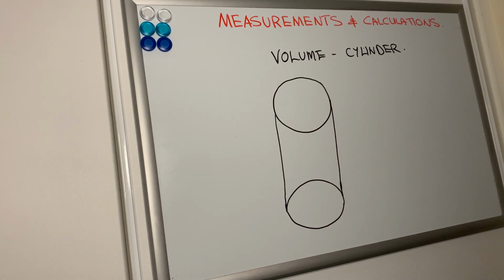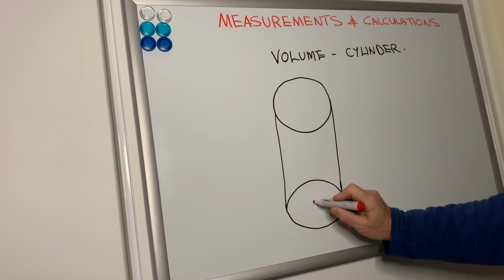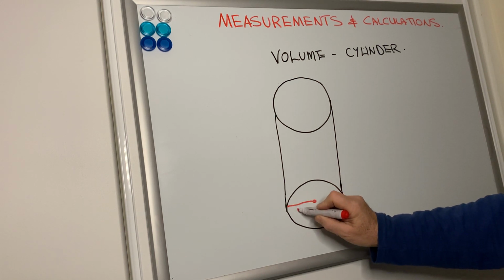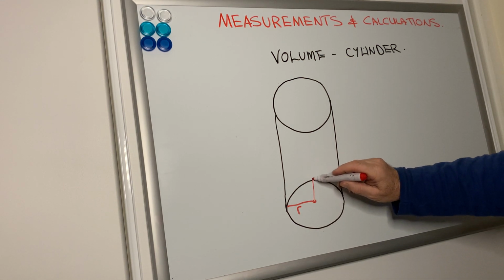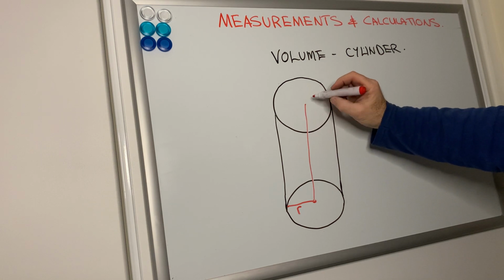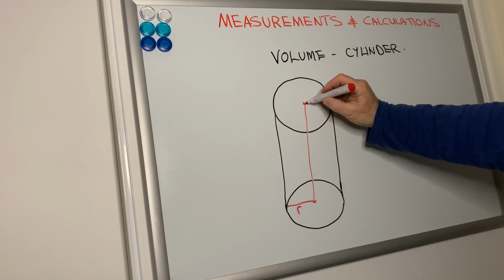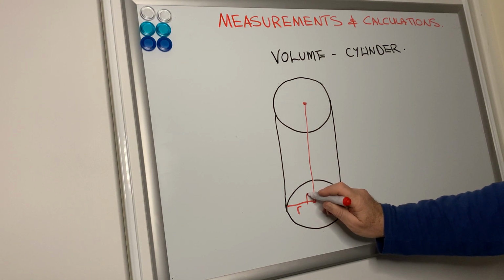Okay, now this cylinder has again a radius. Let's use the same one as 2 meters. So it has r, and it has a height. And remember, we're talking about the height at right angles.